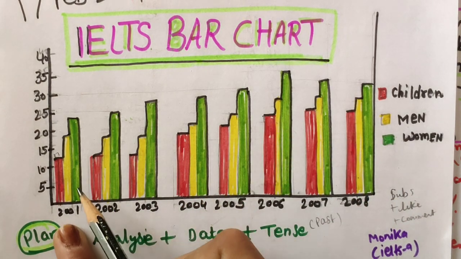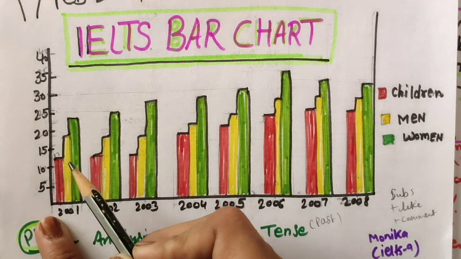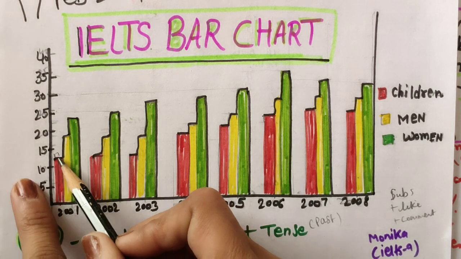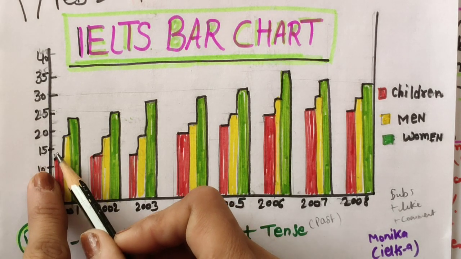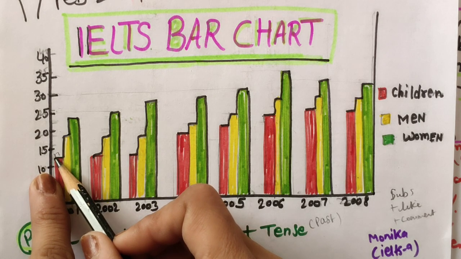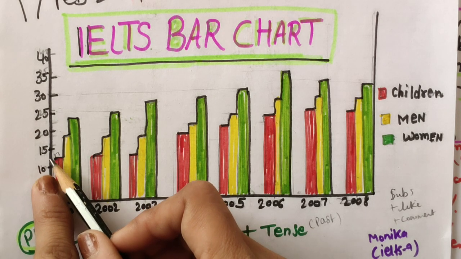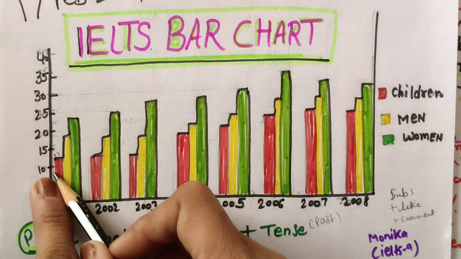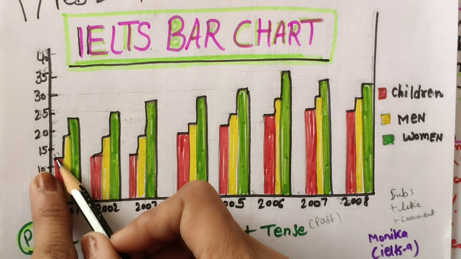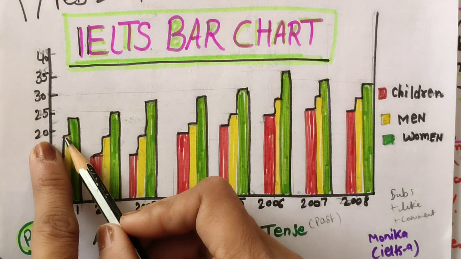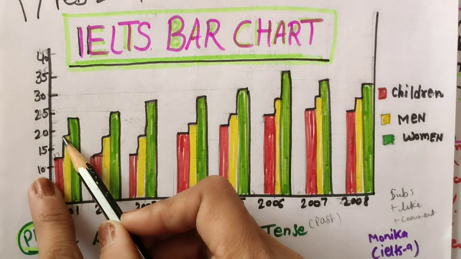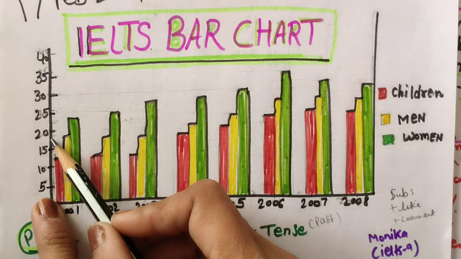When we are going to write the body paragraph, do your homework before writing everything. So what is this percentage? You can write just below 15, or just between 15 and 10%, or you can write 13. And here just below 20, or you can write 19% or 17%.